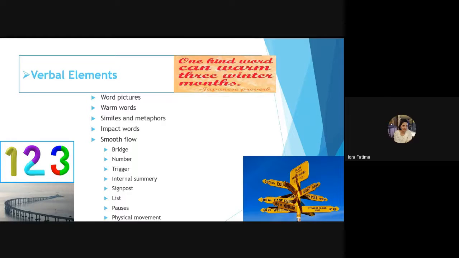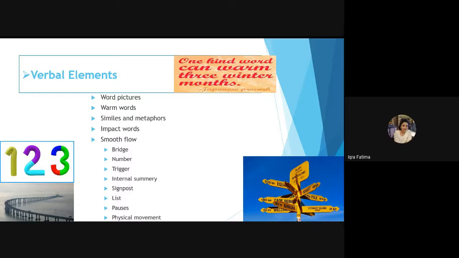Sometimes I also use this when I'm talking about modes of delivery, and then I move to effective delivery. I can say that this is all about the modes of delivery, that we have four different modes of delivery. Now next we move to how we can make our presentation more effective. This is what I'm doing: within my presentation I am summarizing one part of the presentation. This is internal summary.